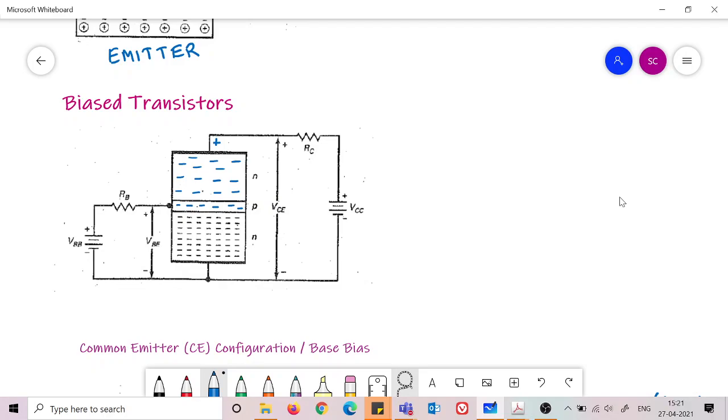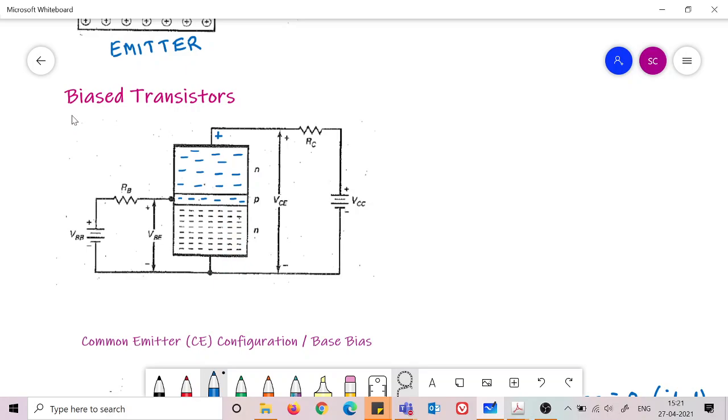So this particular biasing, this particular arrangement, is just some arrangement I have shown you to show what happens when we forward bias the base and reverse bias the collector.